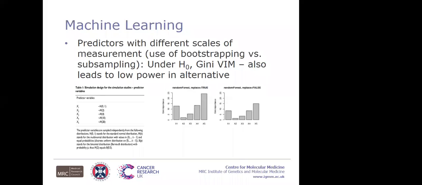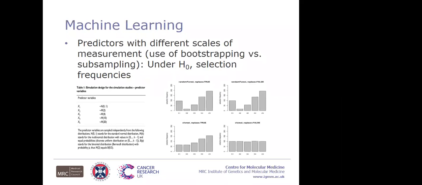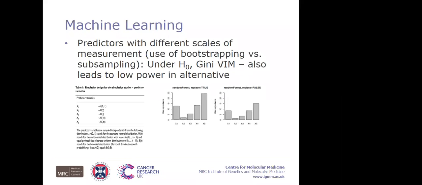So we shouldn't see any difference whatsoever among these 5 variables because none of them are associated with the outcome. But again, you can see that these plots look very similar to the selection frequency plots, right? Because every time a variable is selected into the model, it adds more to the Gini index-based variable importance measure.